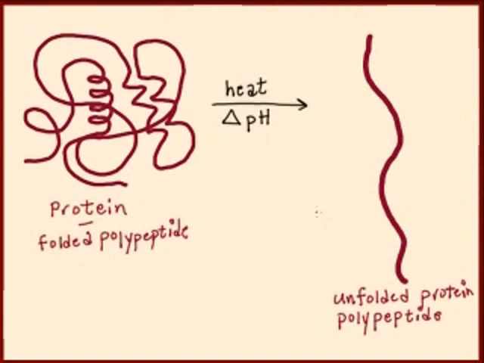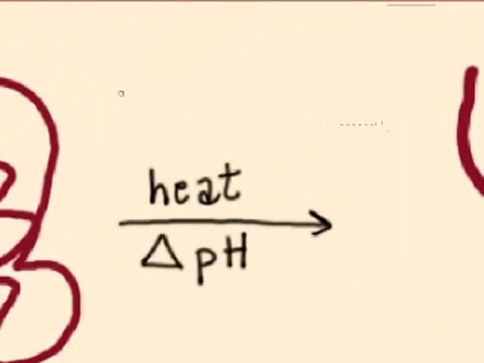Now let's talk about the process. The unfolding of a protein, or moving this direction, the unfolding of protein is called denaturation. So when you unfold a protein, that's called the denaturation of the protein.